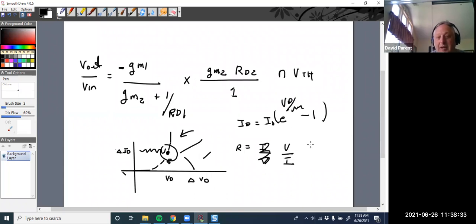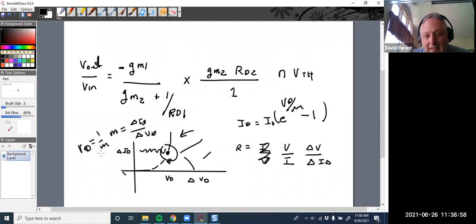But it can also be delta V divided by delta I, and the slope of this line is delta ID over delta VD. But that means that the resistance RD equals 1 over that slope.